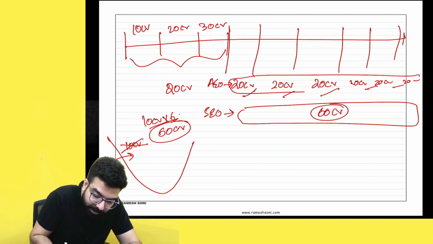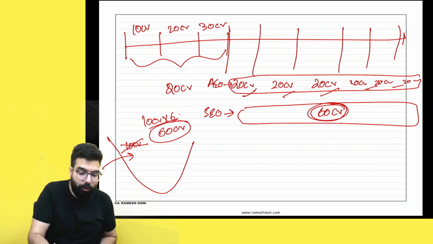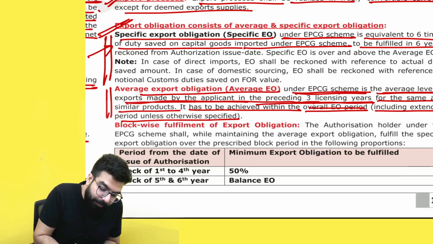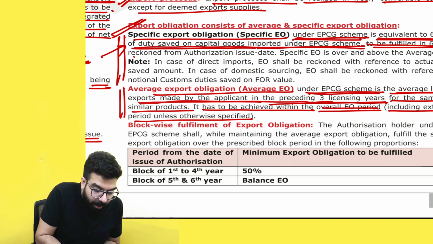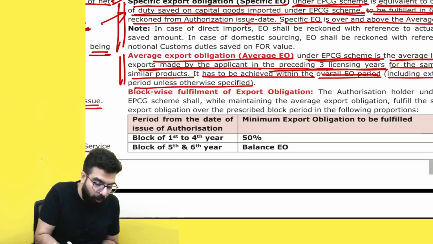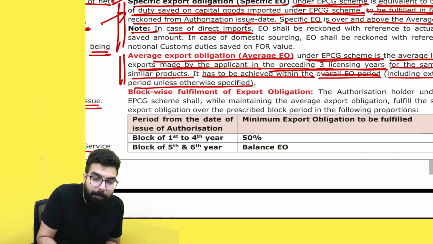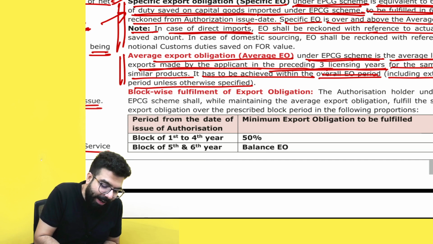Over and above this too I will be earning. Plus additionally I have to earn 60 crore rupees. That's what they are telling over here. Under the EPCG it is equivalent to 6 times the duty saved, to be fulfilled in 6 years reckoned from the authorization issue date. Specific export obligation is over and above the average export obligation. Note, in case of direct import, export obligation shall be reckoned with reference to the actual duty saved.